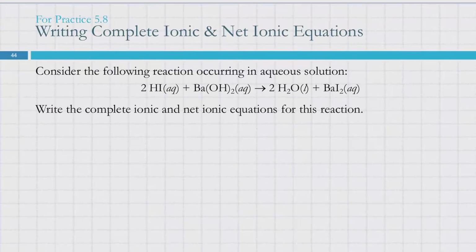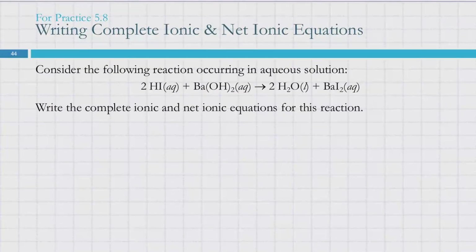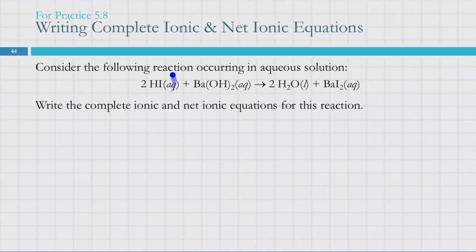So let's consider this reaction in aqueous solution. We've got hydroiodic acid reacting with barium hydroxide to produce water and barium iodide. We want to write the complete ionic and net ionic equations for this reaction. What are we doing to get to our complete ionic equation? If it's aqueous, we're going to separate it.